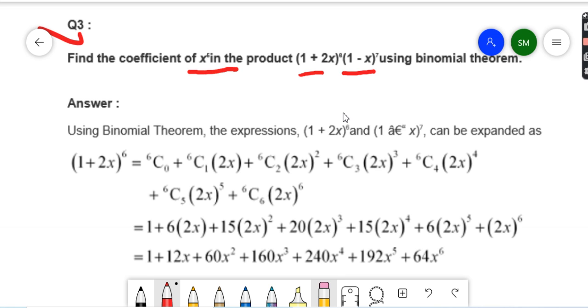Okay, it is 6 only. By mistake, this was printed as 8. But never mind, here it is 6 only. (1 + 2x) raised to 6.